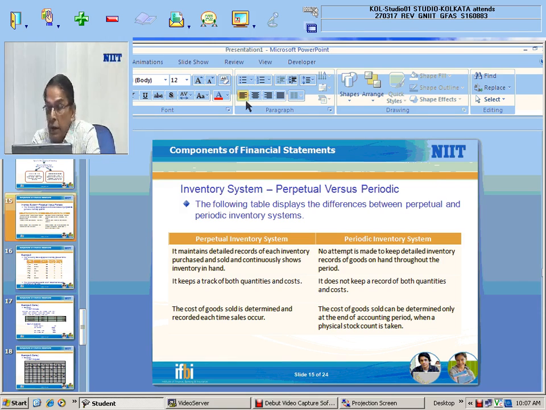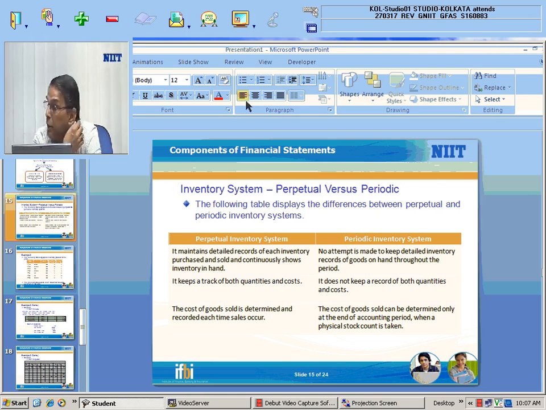It doesn't keep a record of both quantities and cost. The cost of goods sold can be determined only at the end of the accounting period, when a physical stock count is taken, and then attempts are made to determine the cost of that inventory.